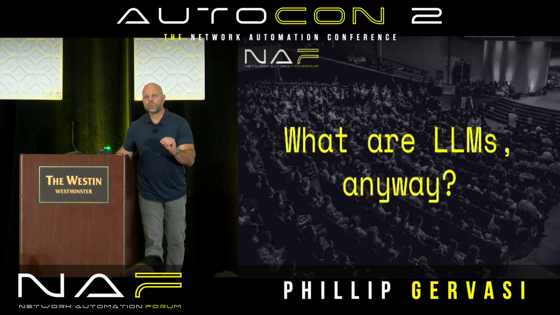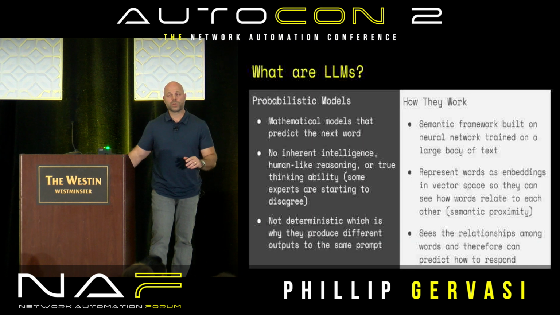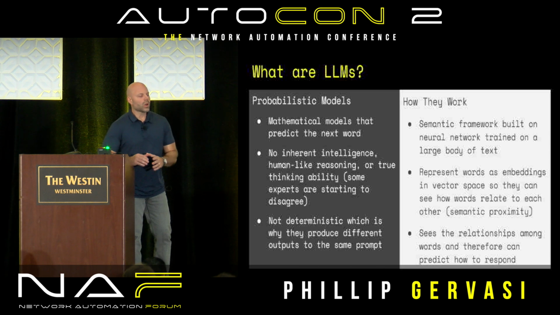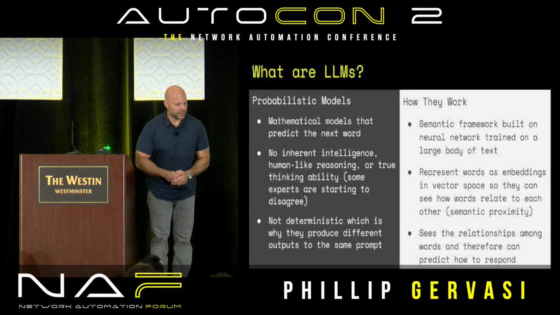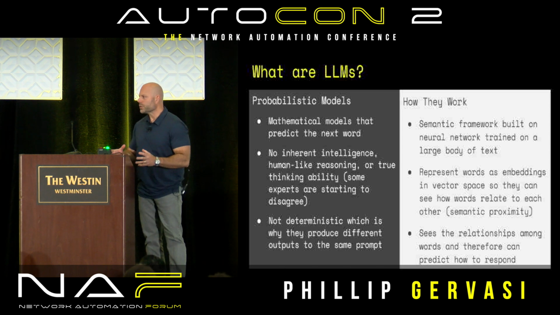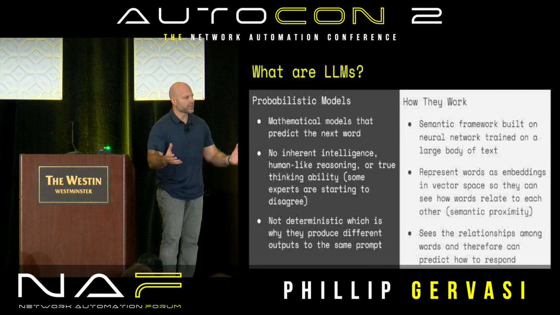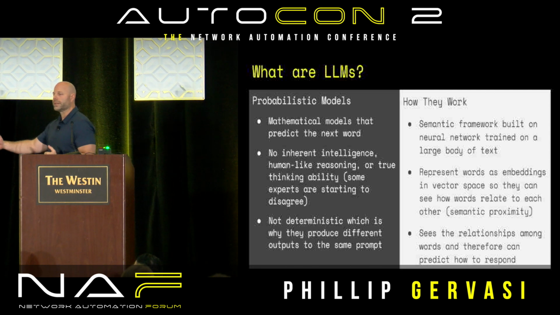So let's pause on that and actually look at what large language models are in the first place, okay? Notice I haven't used the term AI yet. Probably won't. Large language models are built on probabilistic mathematical models, which use a corpus of data, text in the case of large language models, to predict the most likely next item in the sequence.